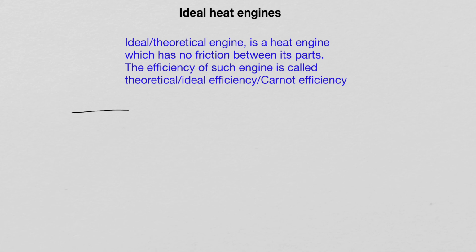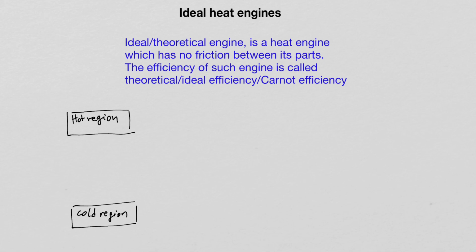Here is our hot reservoir or region. Here is the cold region. The amount of heat that is coming from the hot region will be converted partially to work, and then what's left will be exhausted into the cold region. The hot region is characterized by a certain temperature, which I'm going to call TH.